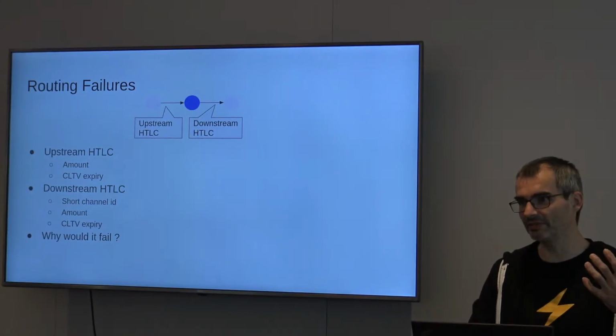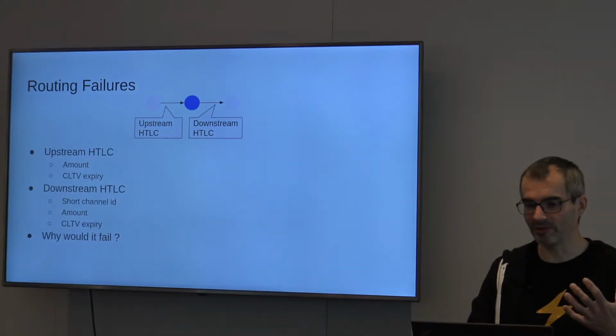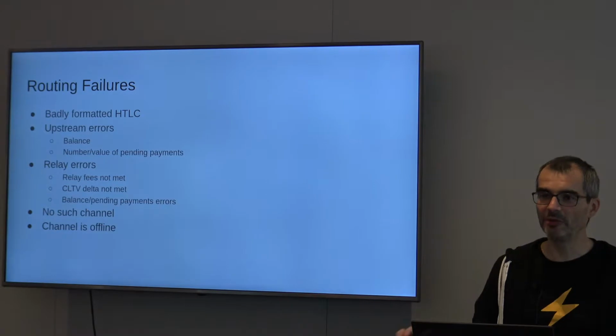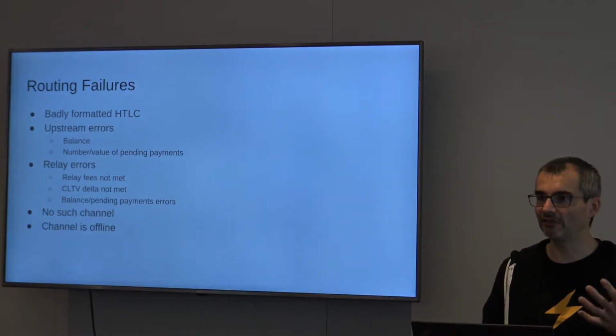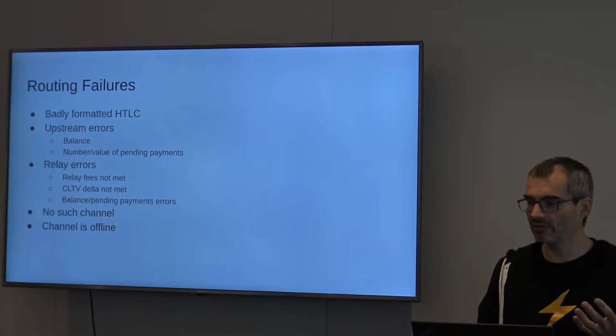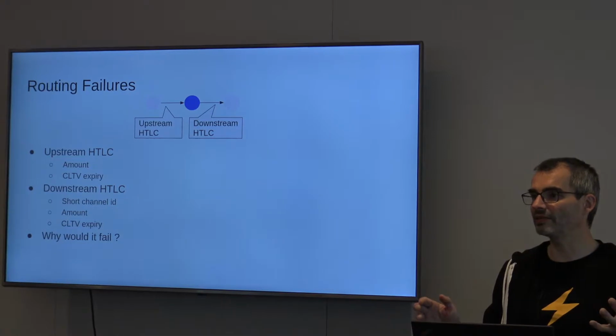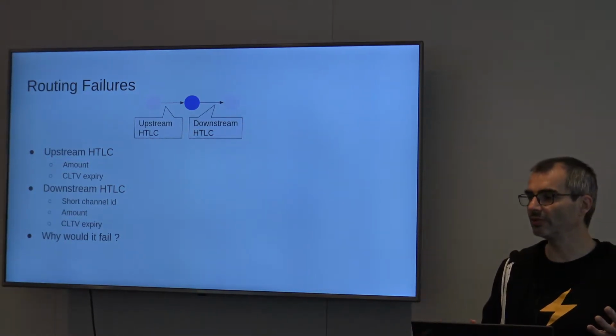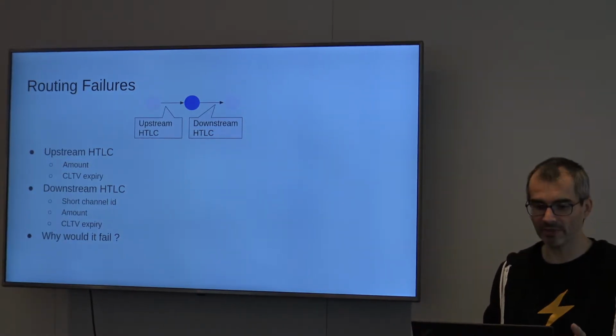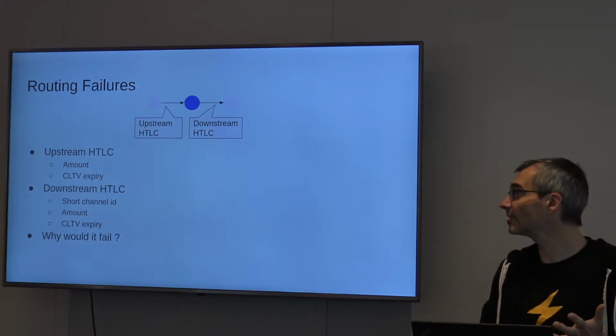So you have plenty of reasons for payments to fail. It could be because the hash is badly formatted. The onion is unreadable. It could be because you have errors on the upstream channel, like the balance is not enough to move money from one side to the other, or because there's a problem with the CLTV expiry.